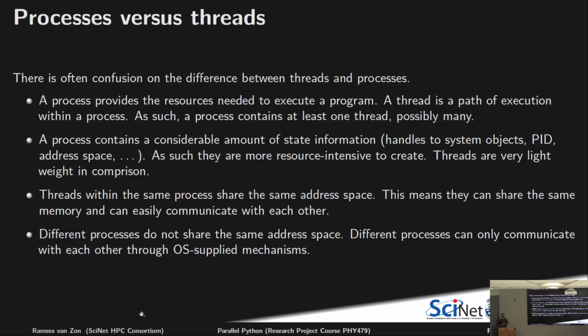Now, the reason you make the distinction and don't just call everything a process: why do we need to have threads? It's that threads are a lot cheaper. So if you have an application that needs to use, say, 8 cores, I could use one application with 8 threads. Or I could just run 8 applications, each of them a process, and I'll find a way to communicate between them. The latter case needs all that communication overhead, and each process is a little bit heavier than a thread, so it's more overhead.